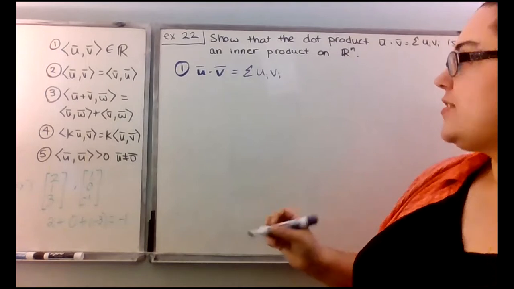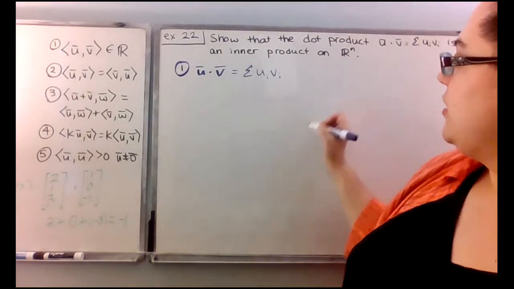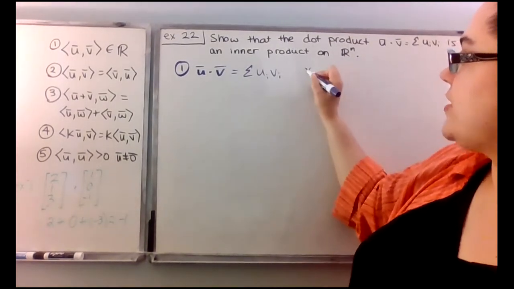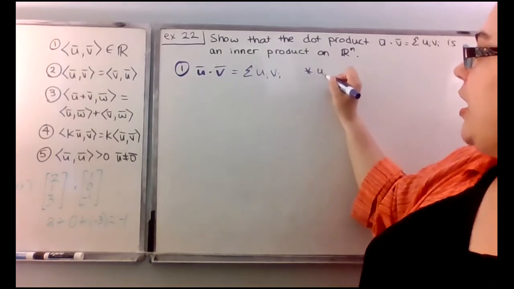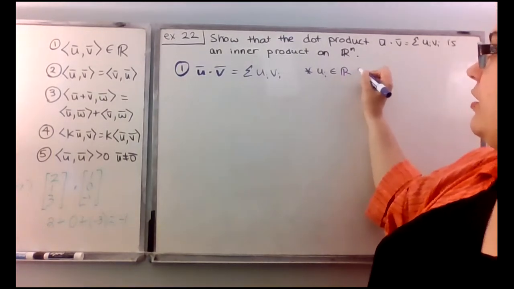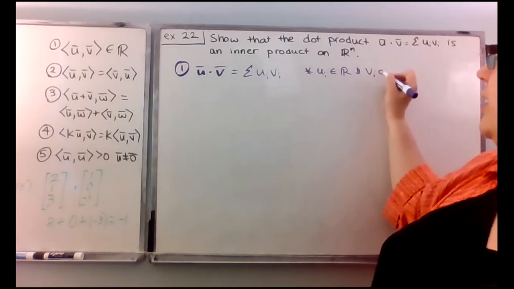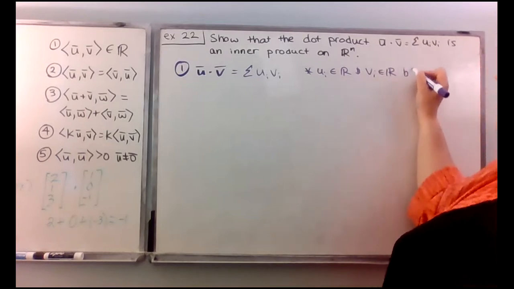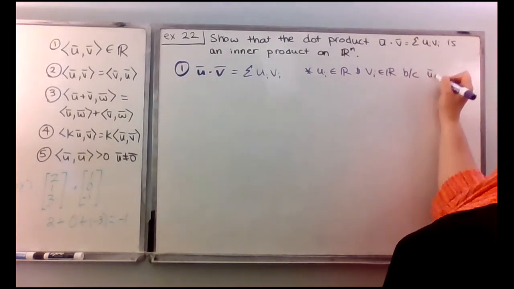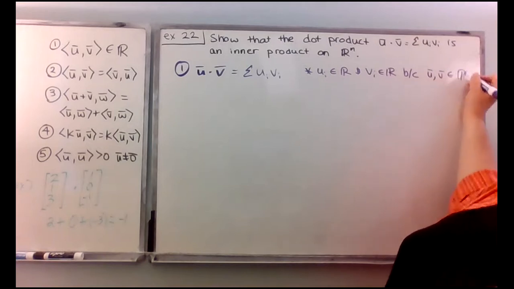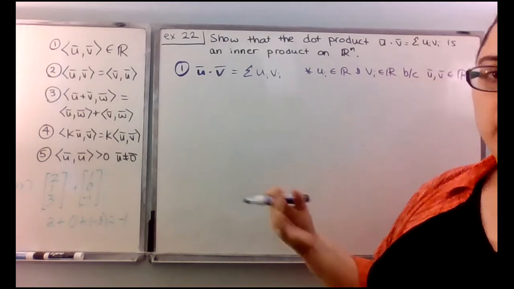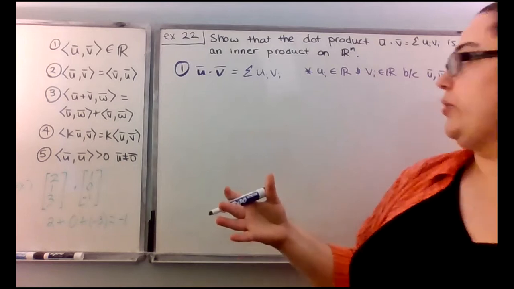Now, I'm going to put a little note on the side here. Ui is an element of R, and vi is an element of R, because u and v are elements of Rn, so their components have to be real numbers.